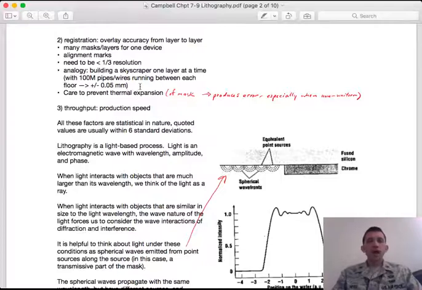You would need to line up each of those connections, right, to within 0.05 millimeters. And so you can see with this analogy the importance of being able to line up one mask to another, right? If your registration is not good enough, then you may as well not even try to make your device.